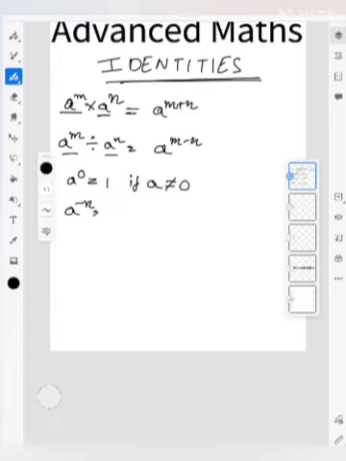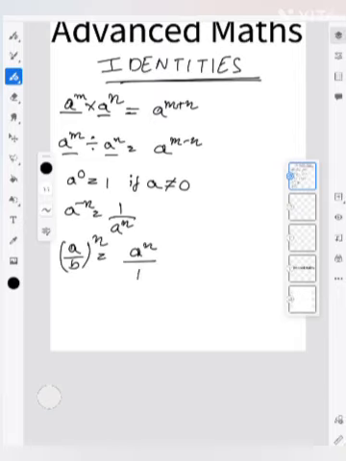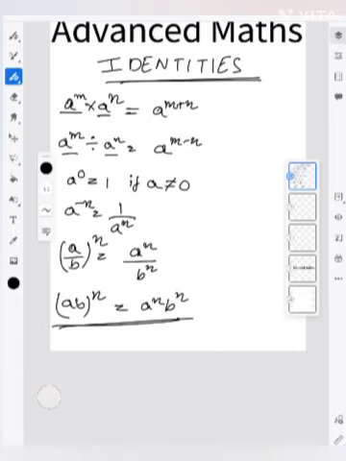Then we have a to the power minus n is equal to 1 by a to the power n, right? Then we have a by b whole to the power n is equal to a to the power n by b to the power n. We have ab whole to the power n, a to the power n, b to the power n. These are our main formulas, and we will need these throughout the whole journey of polynomials.